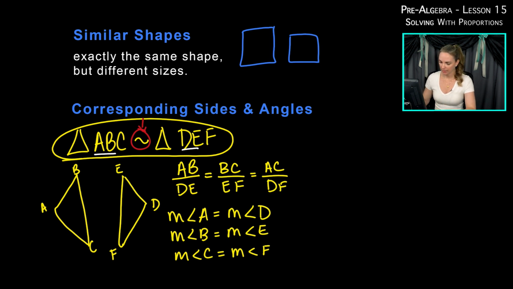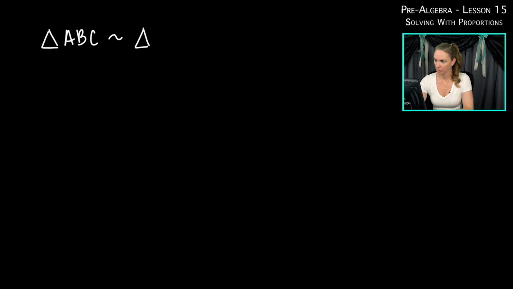Let's go ahead and do a couple of examples so that you can see how to actually use this to solve those problems. We're going to start out with, again, triangle ABC is similar to triangle DEF. So we'll go ahead and keep things the same here.